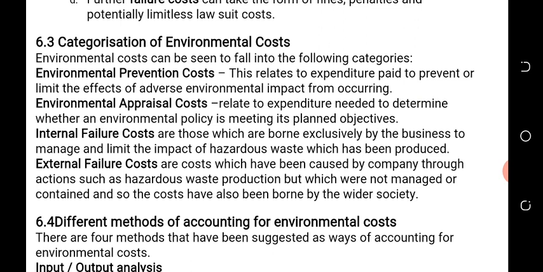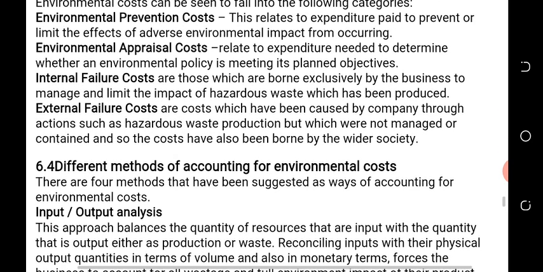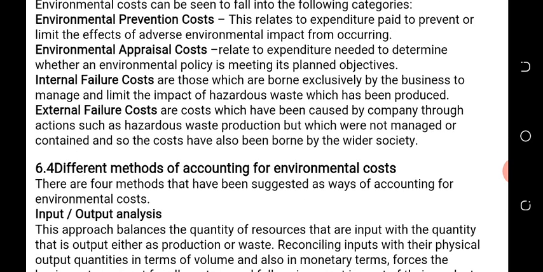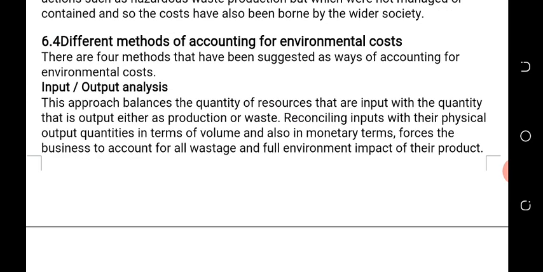External failure costs are costs which have been caused by the company through actions such as hazardous waste production, but which were not managed or contained, and so the costs have also been borne by the wider society. And a different method of accounting for environmental costs.